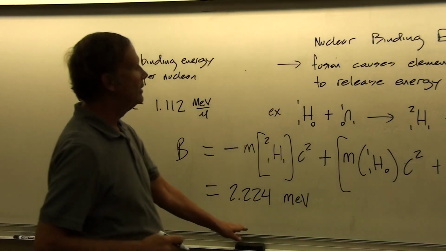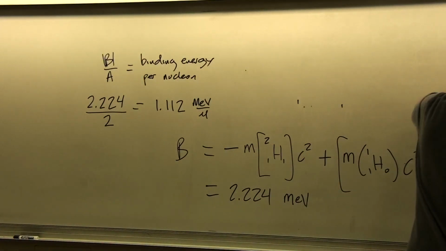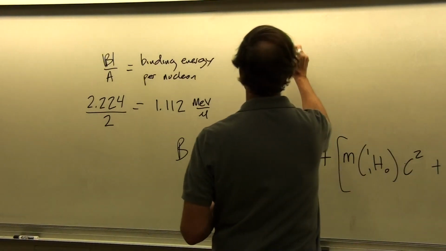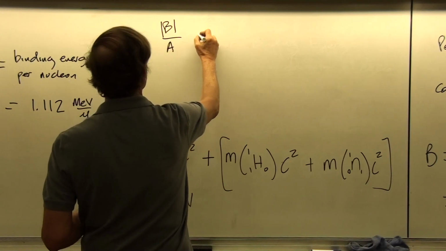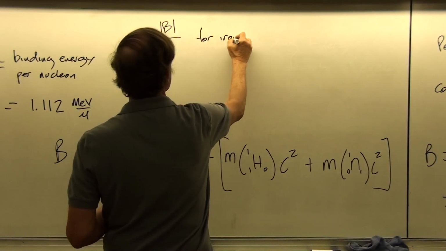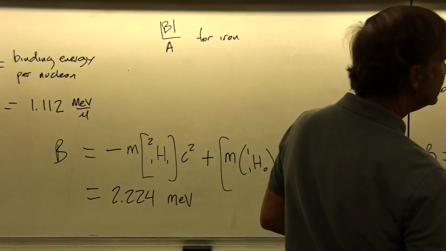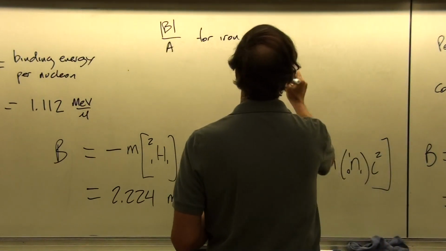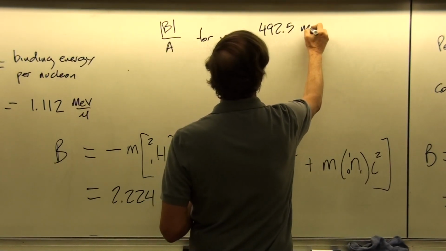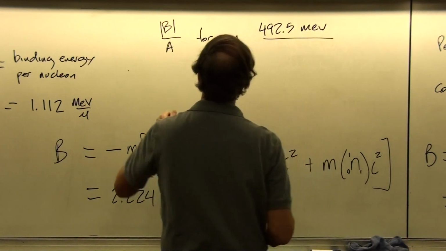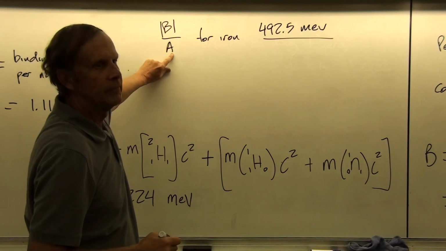But what about for the iron atom? So for iron, it's going to be equal to 492.5 divided by what? What's our A value for iron? 56.